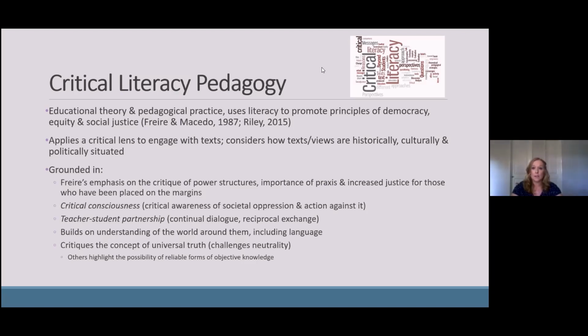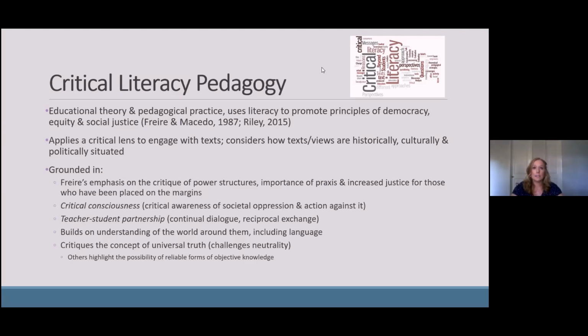And those glasses are framed by where we were born, who raised us, the geographic area where we were raised, the people that we're around, the job that we have, all of these things. But we need to be sensitive to the fact that our world is shaded based on our experiences, and allow students to understand that. It also brings in the teacher-student partnership.